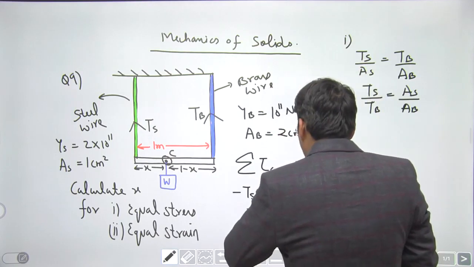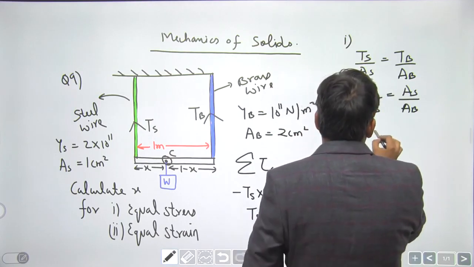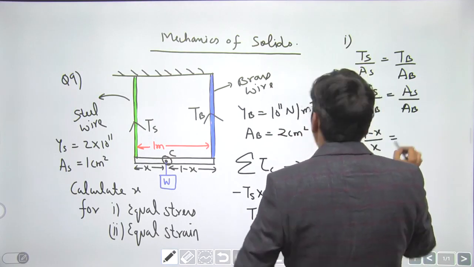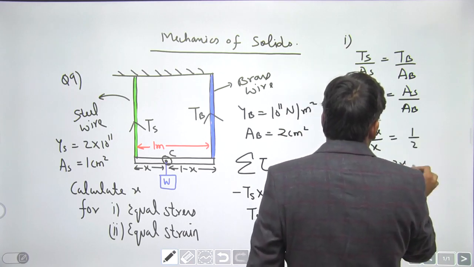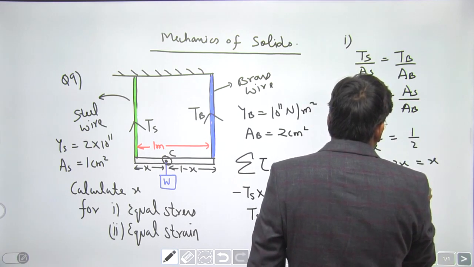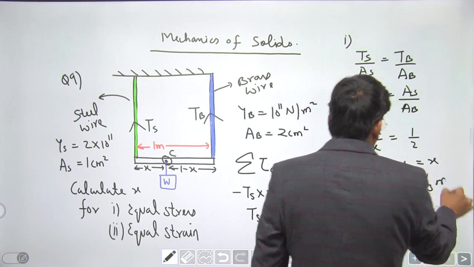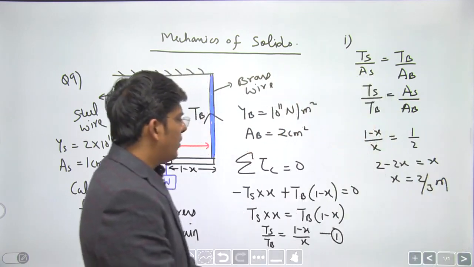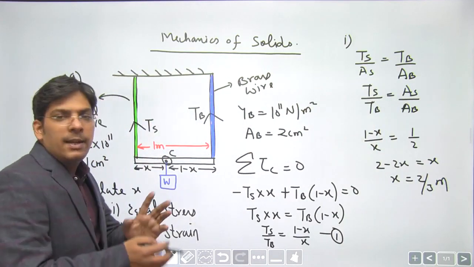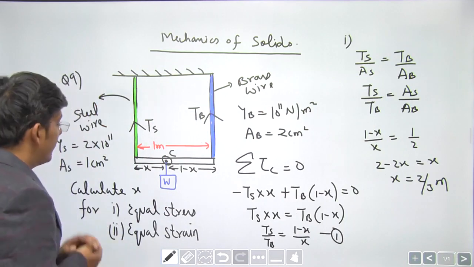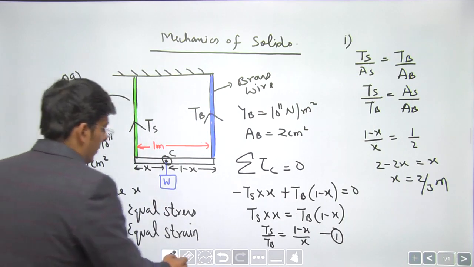So we know the ratio of tension in steel upon tension in brass, which is 1 minus x divided by x. Area of steel is 1 divided by area of brass. So 2 minus 2x is equal to x, dear students. We get value of x as 2 by 3 meters, right? It was a good question, and it is a very important question. It is an NCERT question, right? Few NCERT questions are very important.